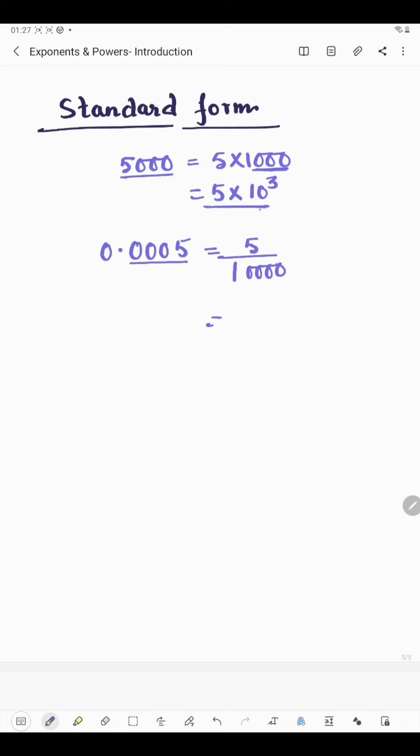Okay, now how to write the number in a smaller size? Like here we have 10,000. Now since 4 zeros are there, it will be 10 to the power 4 if you write it in short form, right? Now 10 to the power 4 means when you multiply 10 four times, you will get 10,000. Now here if you take this number to the numerator, what would you get? 5 multiplied by 10 to the power minus 4.